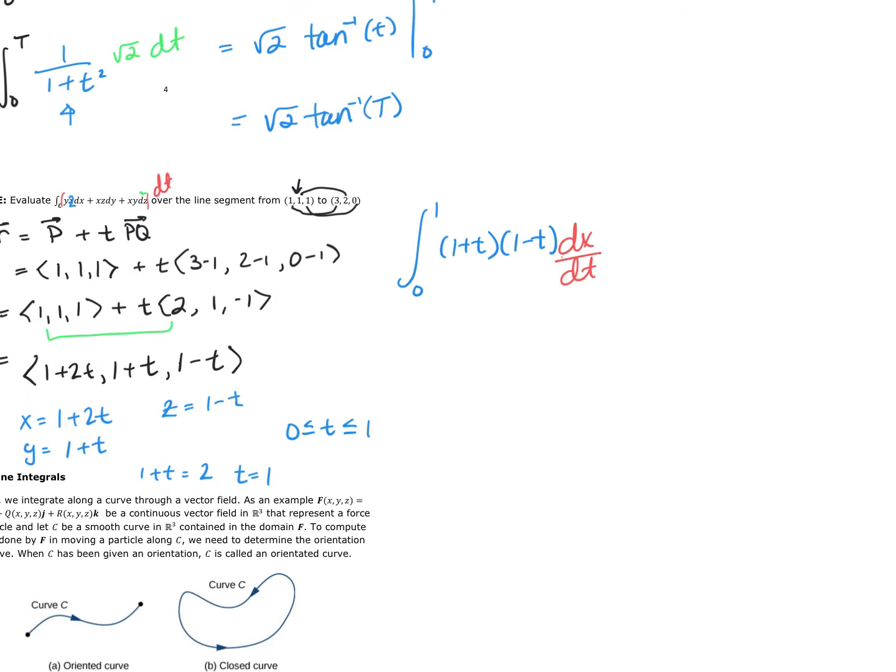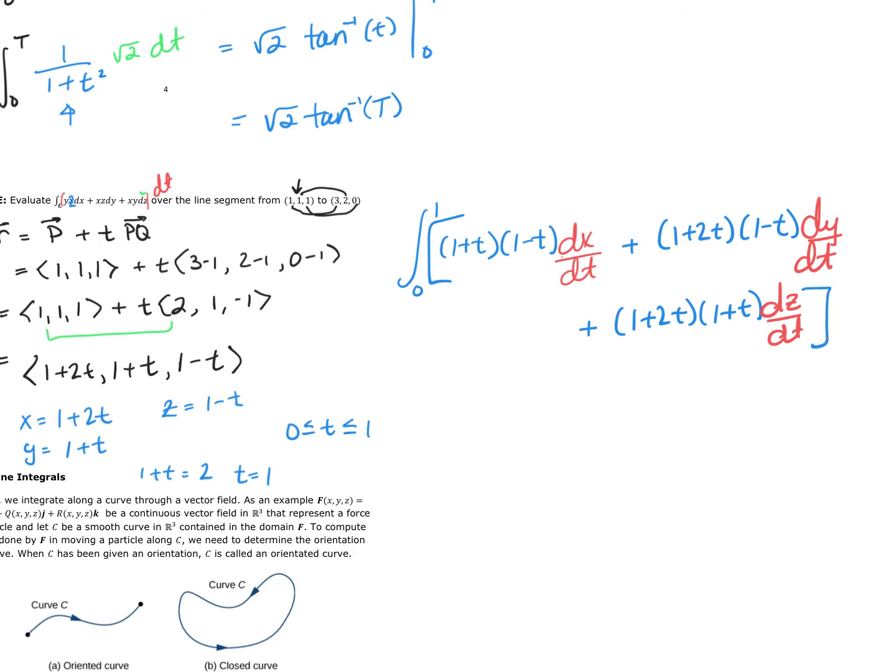My next one is plus x, which is 1 plus 2t, multiplied by z, which is 1 minus t, and this one is dy dt. And then plus my next one, x, so it's 1 plus 2t, and then y, which is 1 plus t, and this one is the dz dt.